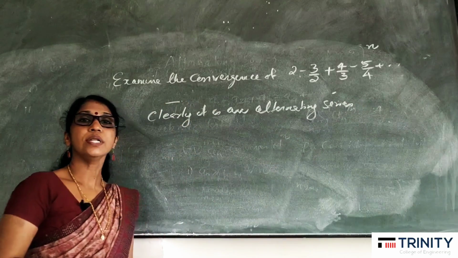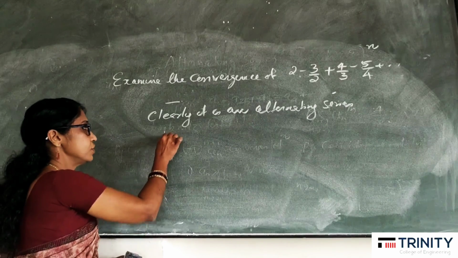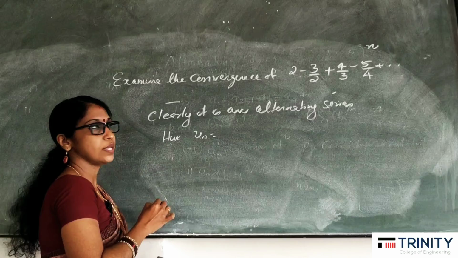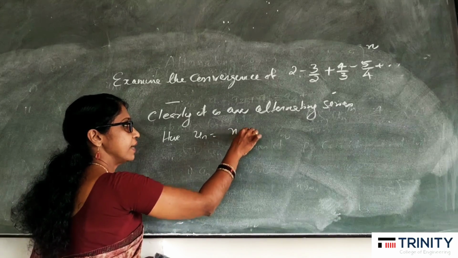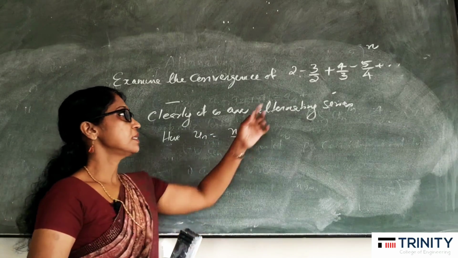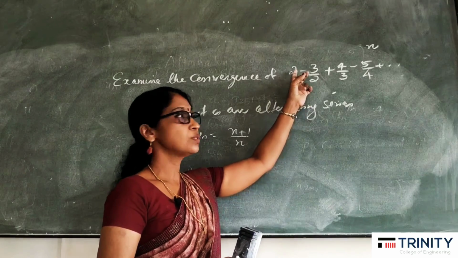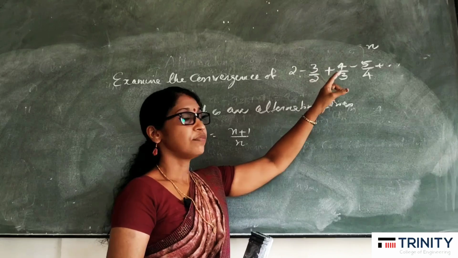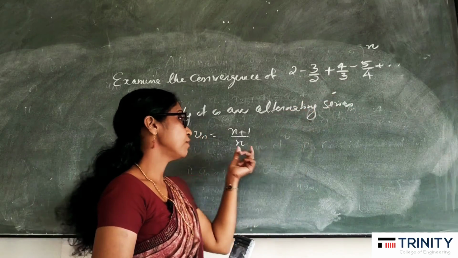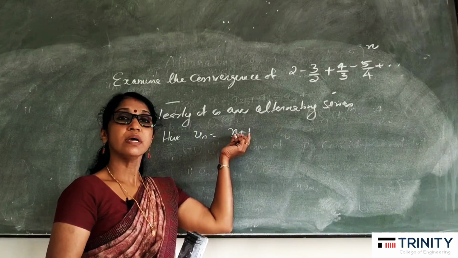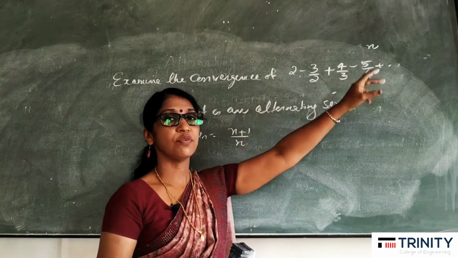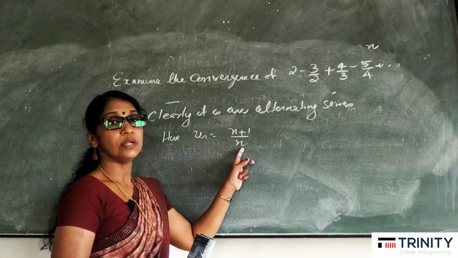Now what is the u_n of this series? u_n is equal to (n+1)/n. The first term has numerator 2, the second 3, the third 4, and the fourth 5. Therefore the numerator of the nth term becomes n+1, and the denominators are 1, 2, 3, 4, etc., so the denominator of the nth term is n.